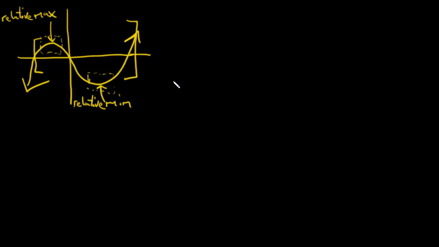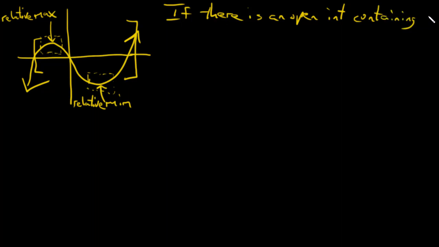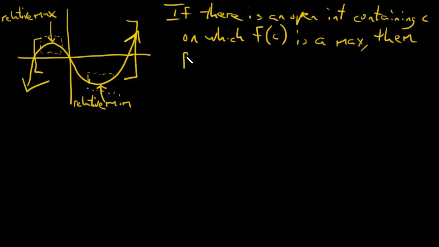I'm going to do the definition now. And so if there's an open interval containing C on which f of C is a max, then f of C is a relative max.